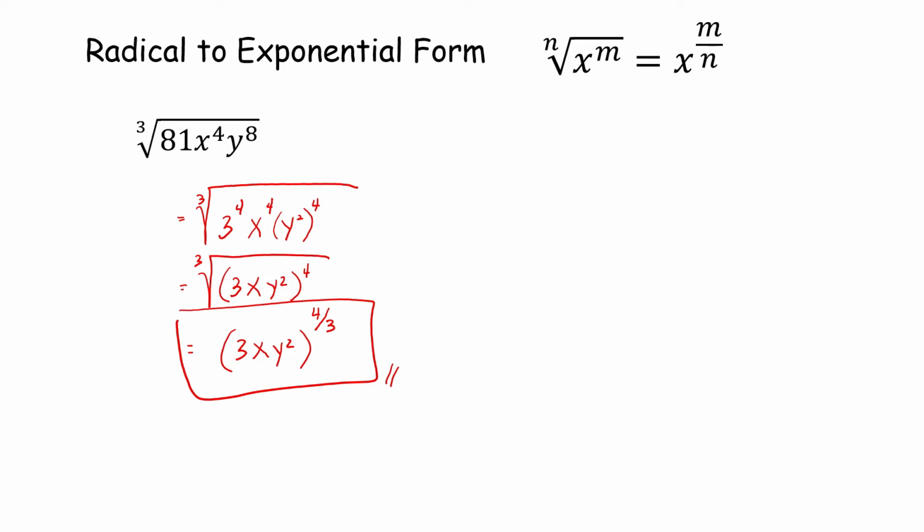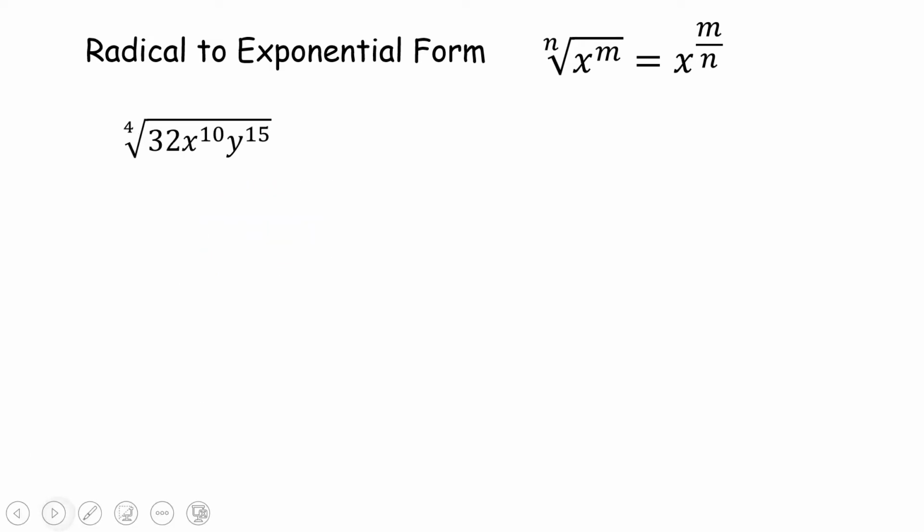All right, let's go to the last example. So here we have 32x raised to 10 and y raised to 15. Okay, so let's deal with that number 32 first. And I said earlier that we need to express that raised to an exponent that is less than what is given here.